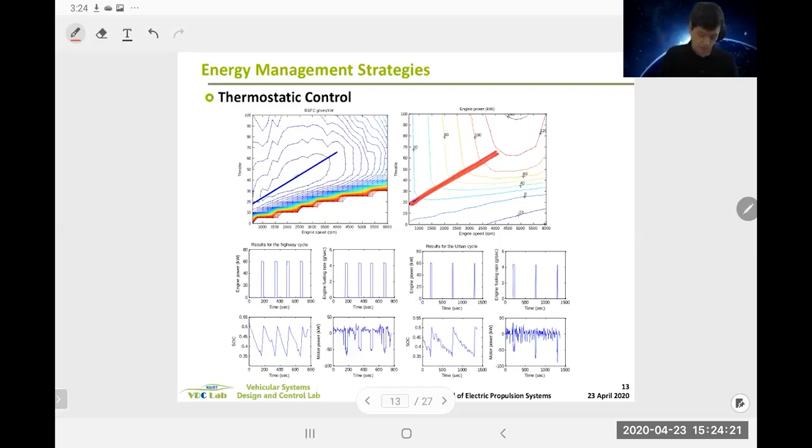When SOC drops, engine power comes on. The engine charges the battery, and then the engine turns off, and then SOC drops, then the engine turns on. So this repeats.